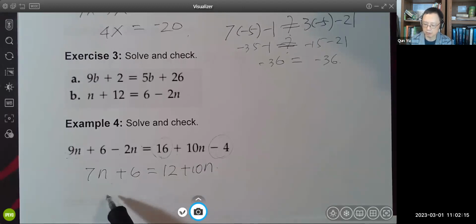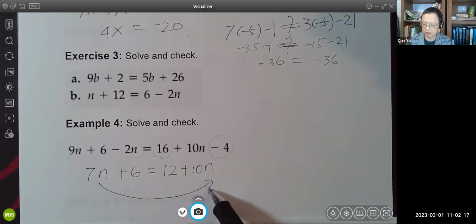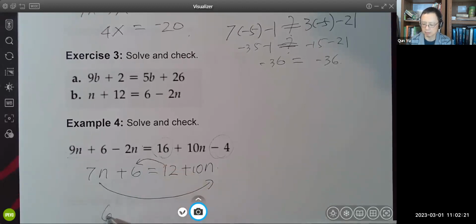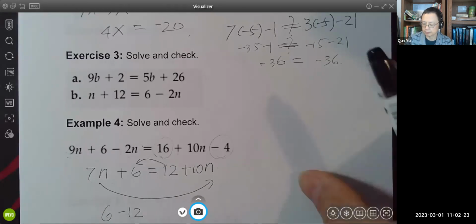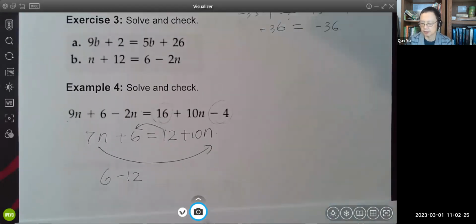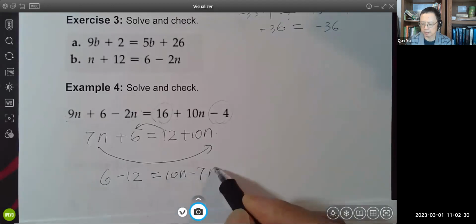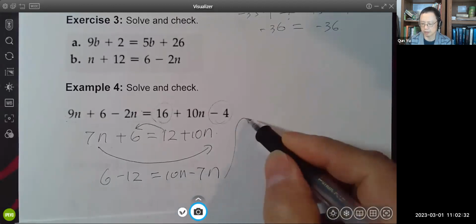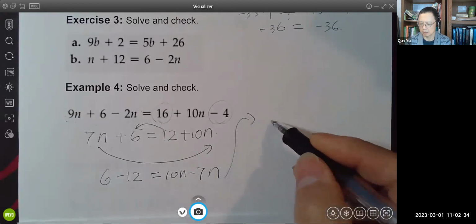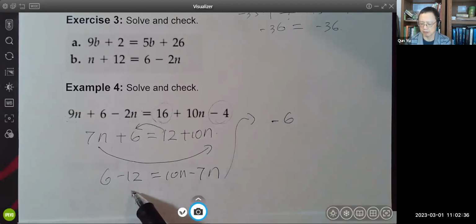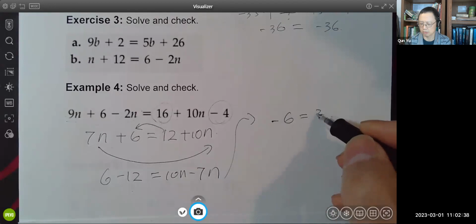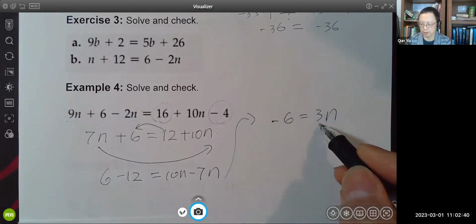Okay, so I'm going to move 7n to the right-hand side, 12 to the left-hand side. So I get 6 minus 12 equals 10n minus 7n. Let's go to this side. And -6 equals 3n, divided by 3 on both sides.